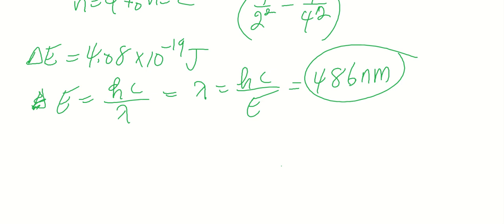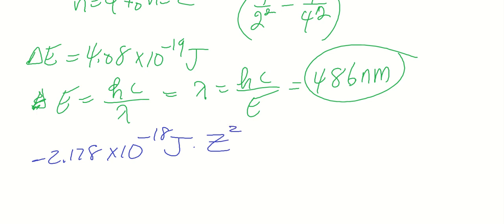So we got a negative 2.178 times 10 to the negative 18 joules times Z, that's going to be 1, times 1 over 2 squared, since they all end up at 2. Balmer series. Minus this time, it's going to go from N equals 5, 5 squared, which is 25.